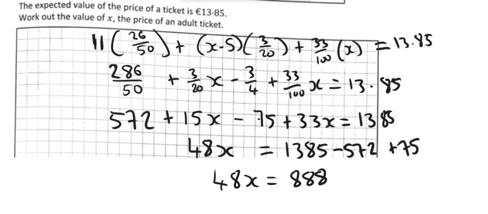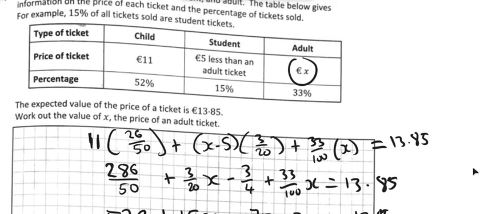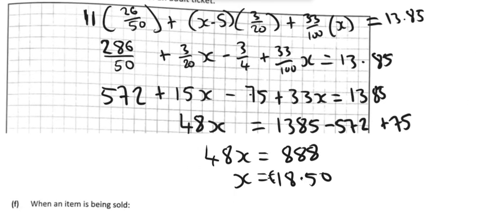And then you just have to divide by 48. And you get 18.5. So €18.50. And that's that part.